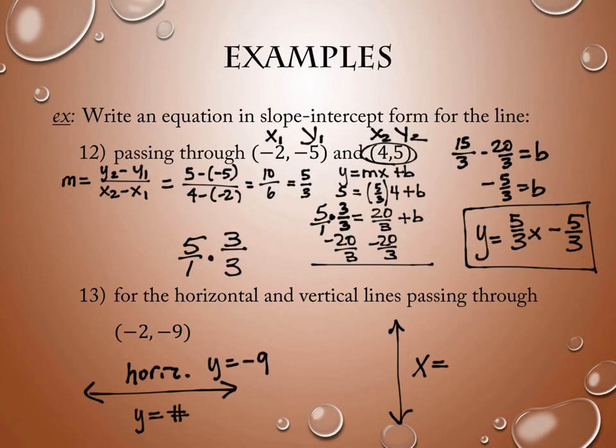And on your vertical lines, if it's going to be passing through the point negative 2, negative 9, it has to be x equals negative 2, because that is already the given x value that you have. You don't even have to draw the lines. I'm just using them as a visual. Okay? So we have our x equals, we have our y equals, and we're done.